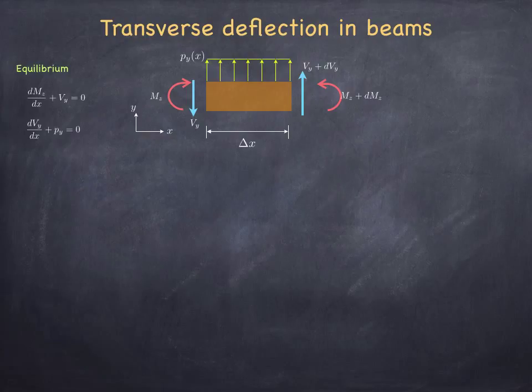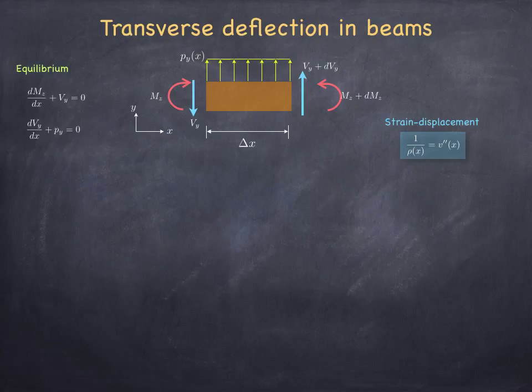Now I'm going to take these two equilibrium equations and express them ultimately with respect to the transverse deflection field. So I'm going to be writing up an equilibrium expression using the displacement field as the primary variable. In order to do that, I'm going to have to bring the strains and the displacements into the picture. So for that, the first thing I'm going to recall is the relationship between the curvature and the transverse deflection v.